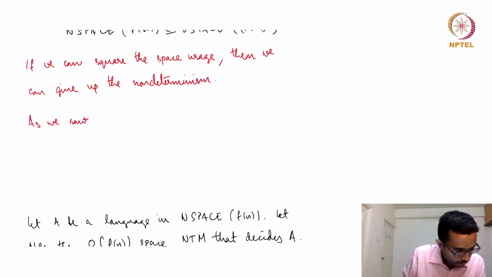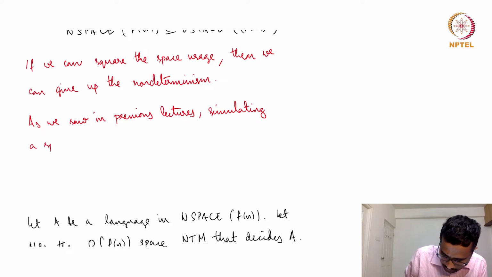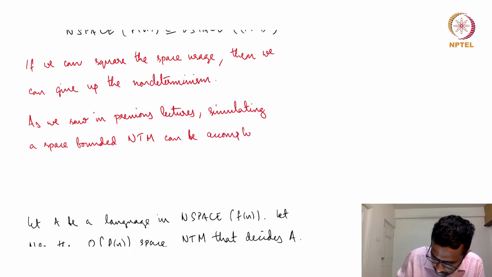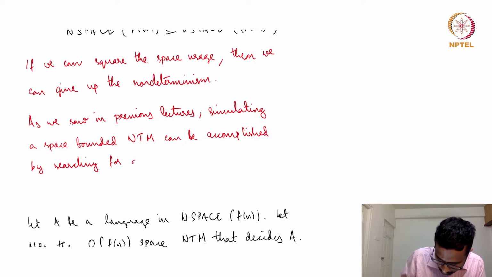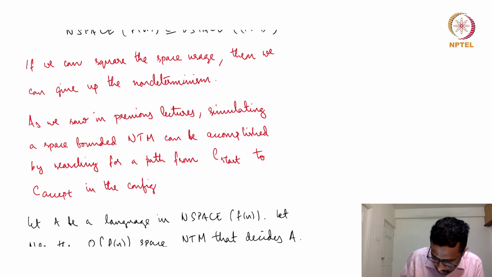As we saw in previous lectures, simulating a space-bounded non-deterministic Turing machine can be accomplished by searching for a path from C start, which is a notation for the starting configuration, to C accept, which is the accepting configuration, in the configuration graph.